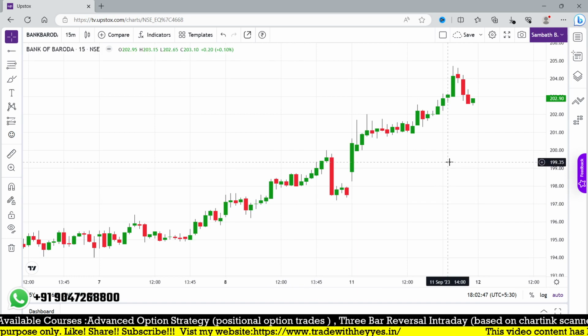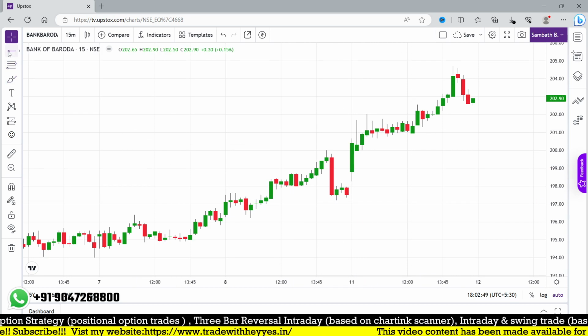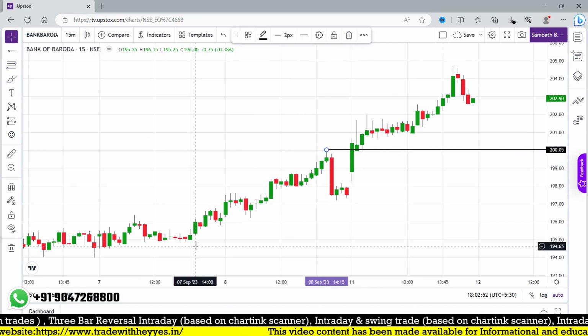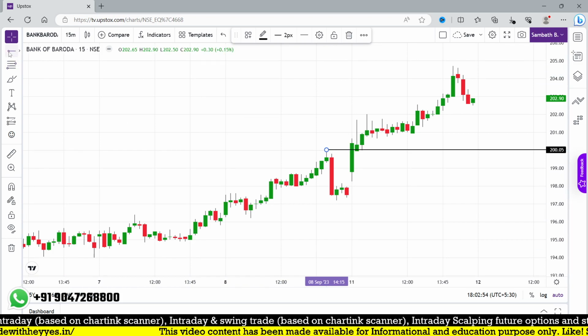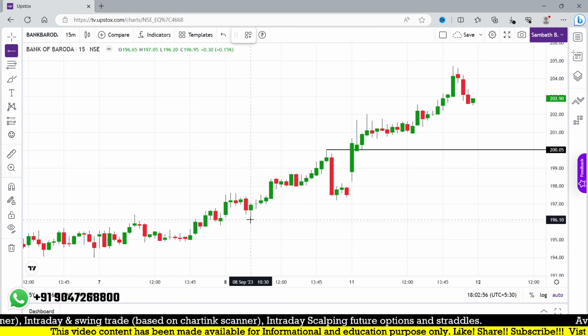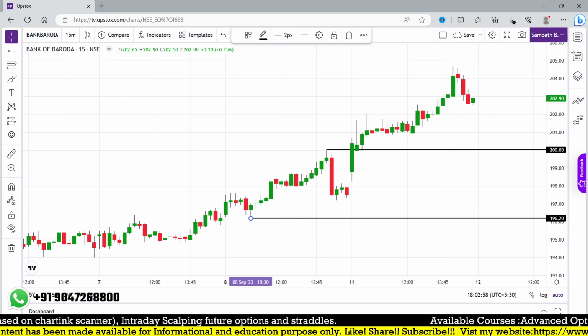So I'm just calculating the previous day high and low. Let me mark the previous day high here, around 200, and the previous day low of the same stock is around 196.